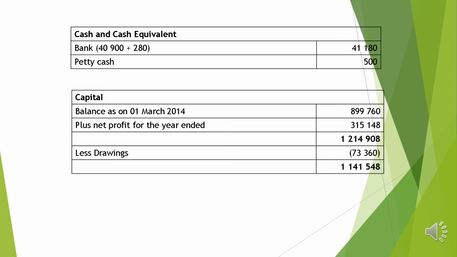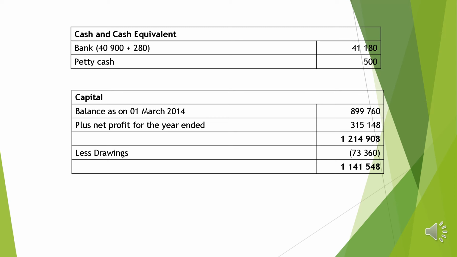This owner is at liberty to add to his capital contribution during the financial year. But again, this owner is allowed, even though discouraged, to do what? To make withdrawals.